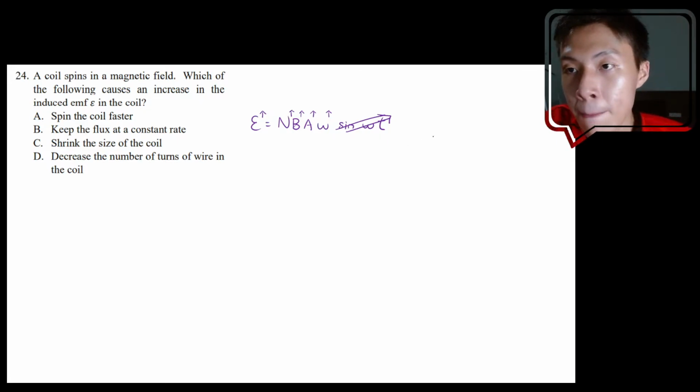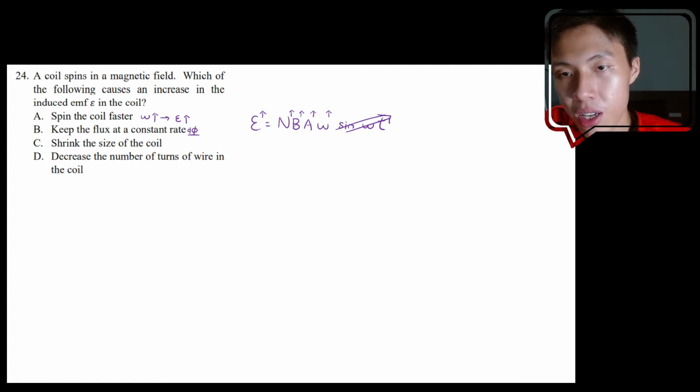Spinning the coil faster means you are increasing the omega. Of course, increasing the omega will cause an increase in the induced EMF. Keeping the flux at a constant rate means you're not changing the flux.